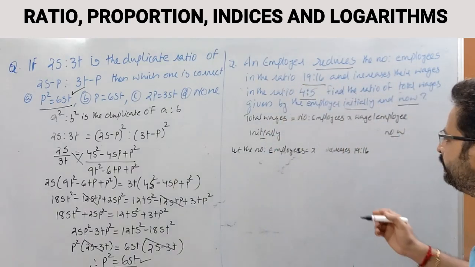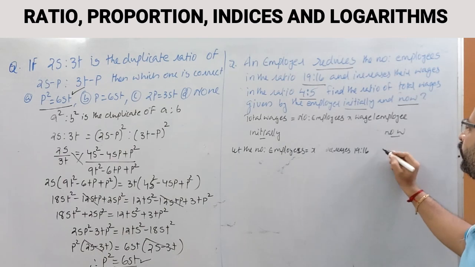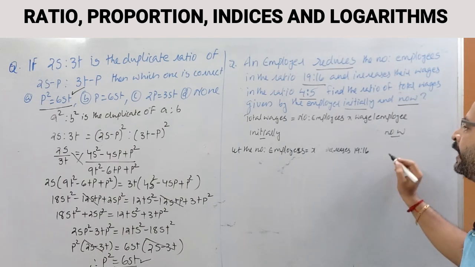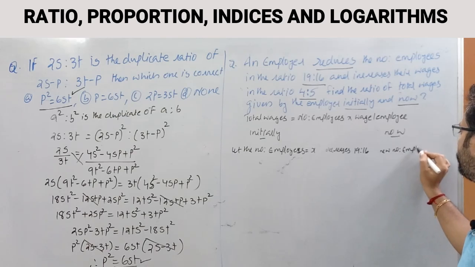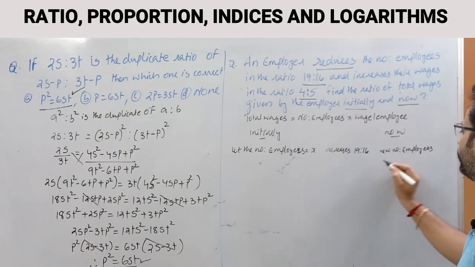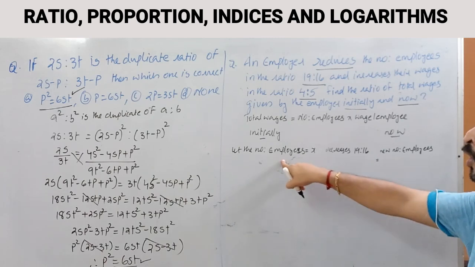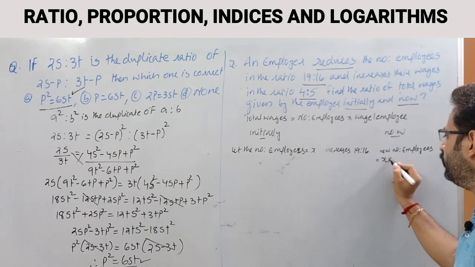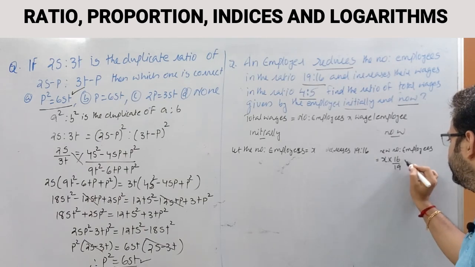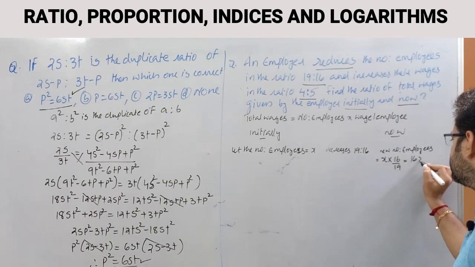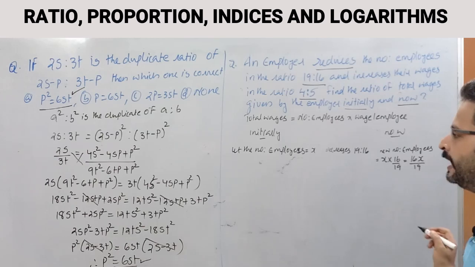Using that property, new number of employees is equal to old number of employees, x into B divided by A. That means 16 divided by 19. That means right now there are 16x divided by 19 employees.